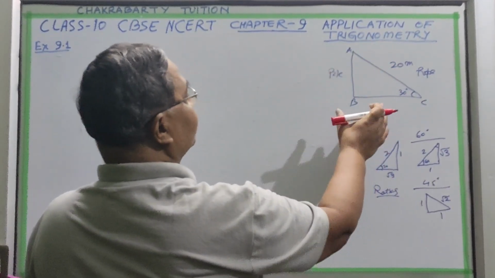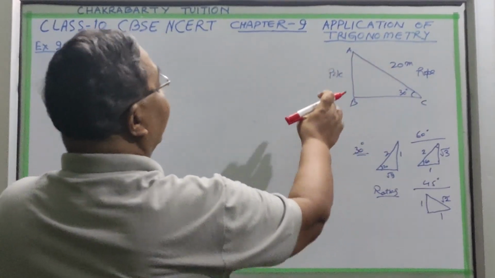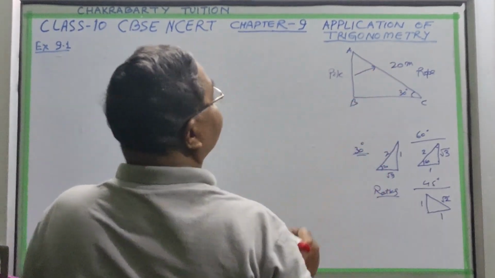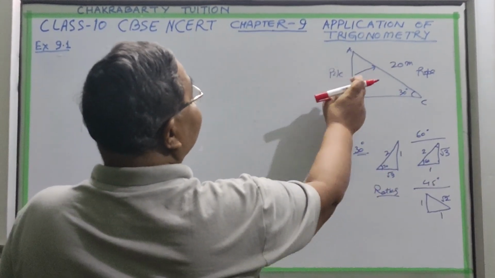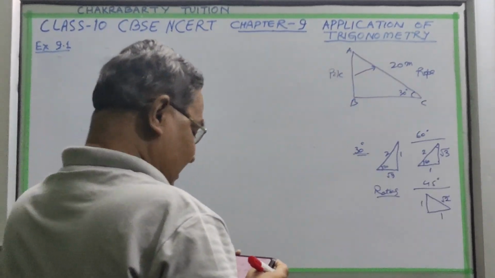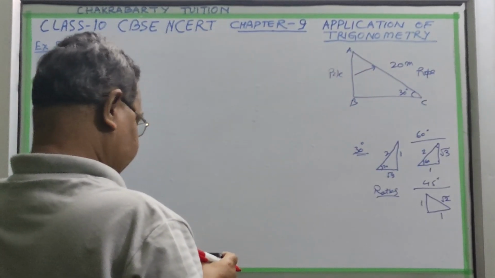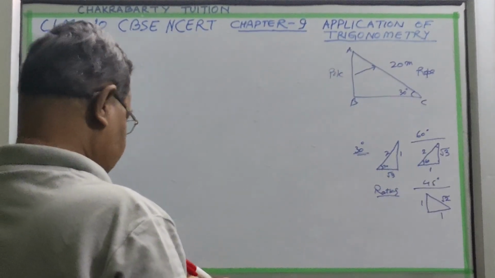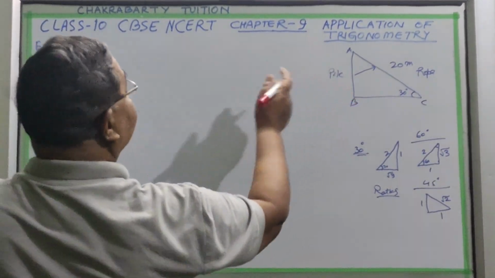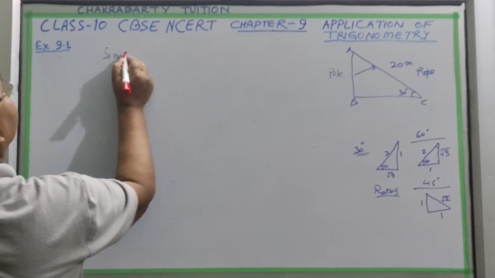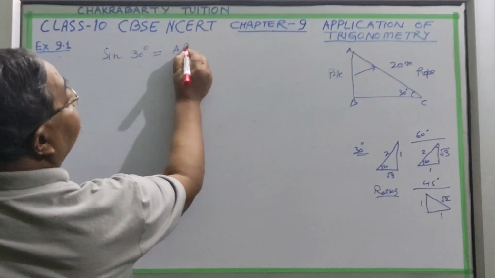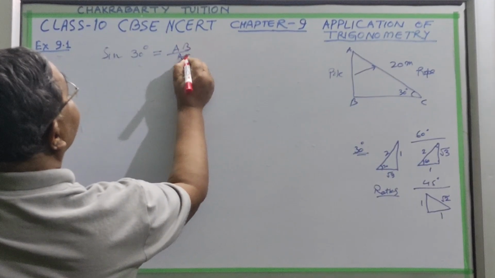So how can we find it in this easiest way? We have to find the pole. We know one relation, that is sine. So here we will go with that and find the value. Sine 30 degree is equal to AB upon AC.